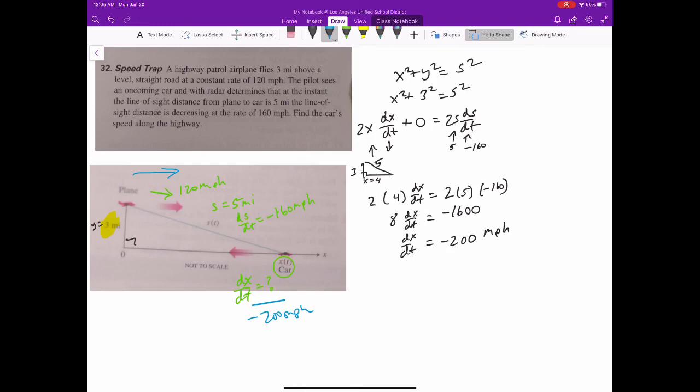So we're going to add those together to figure out how fast the car is really driving. Negative 200 miles per hour plus 120 miles per hour gives us negative 80 miles per hour. And that's how fast the car's going: 80 miles per hour. And it's oncoming, it's going left. That's why it's negative.